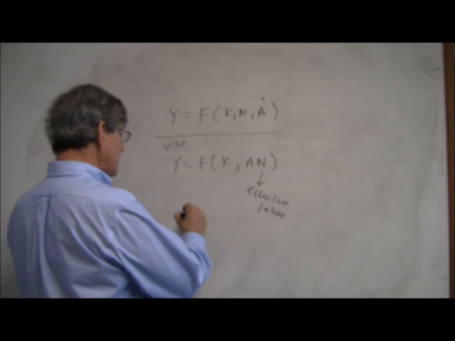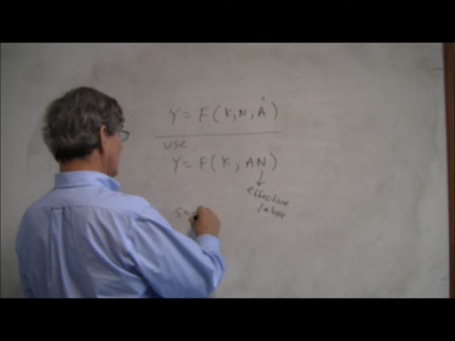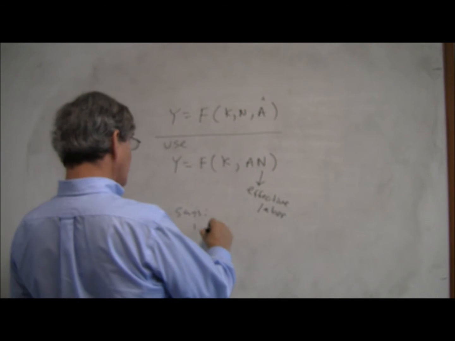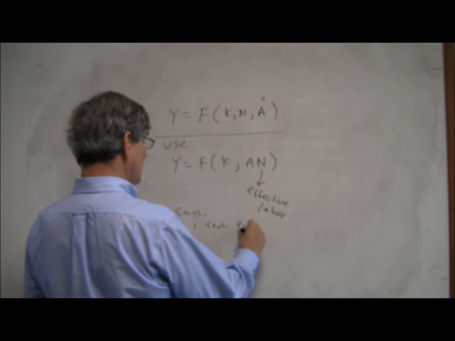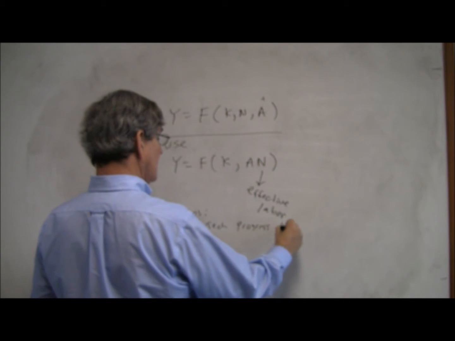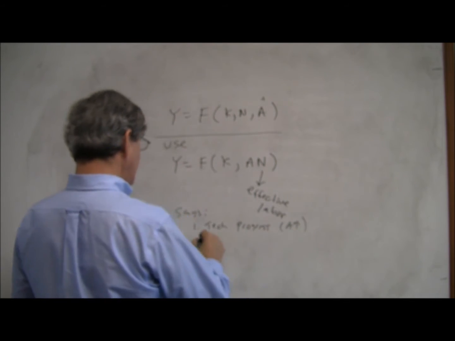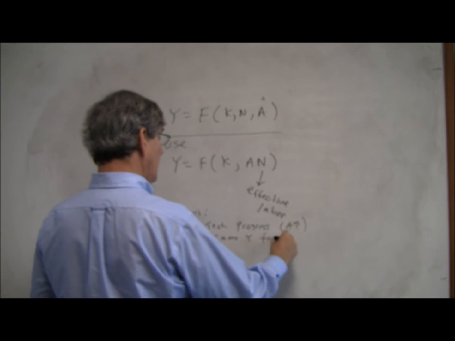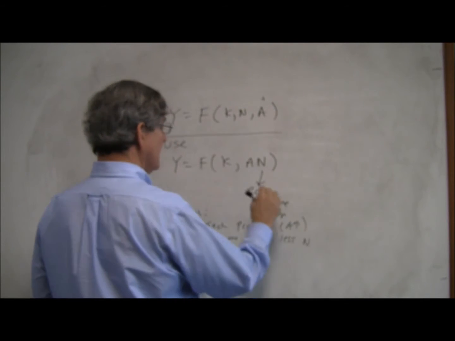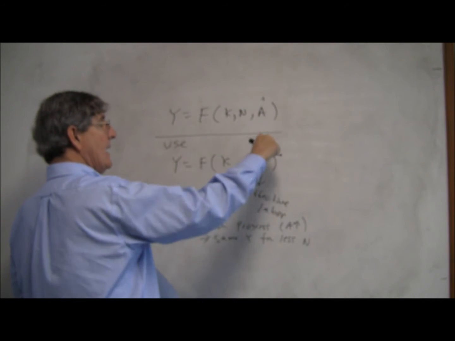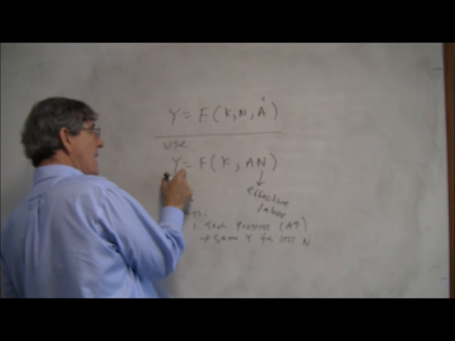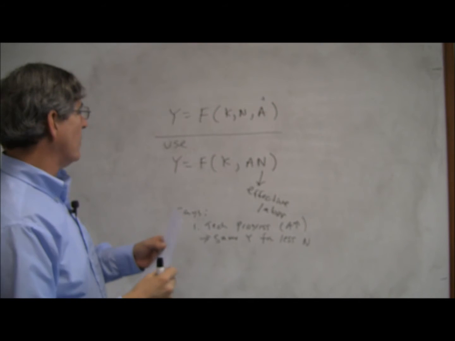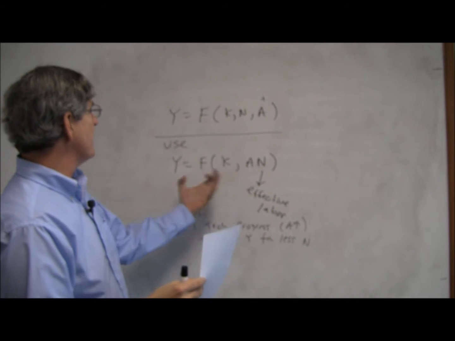So this form of the production function says two things. One, that technological progress, which is A going up, means you can get the same Y for less N. So if I doubled A, I can halve N and still get the same amount of output. So what technological progress does in this model, for one, is it reduces the labor requirements.